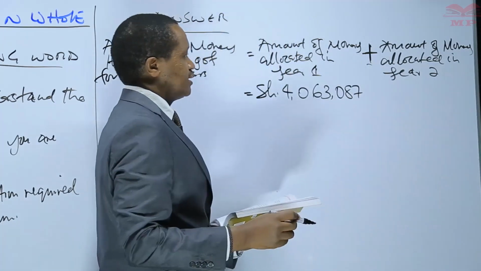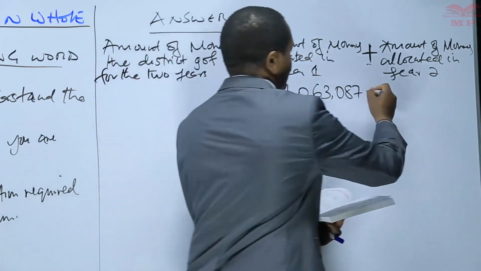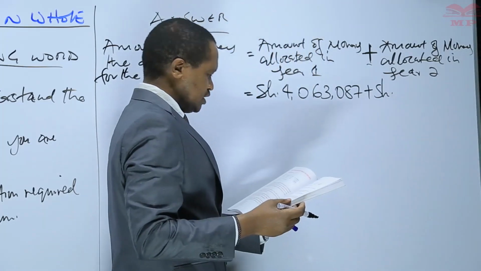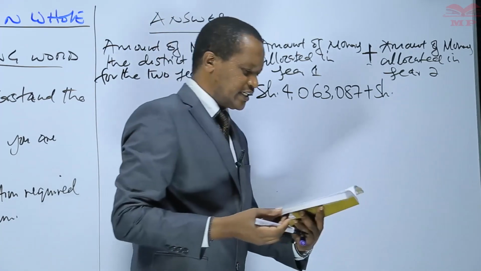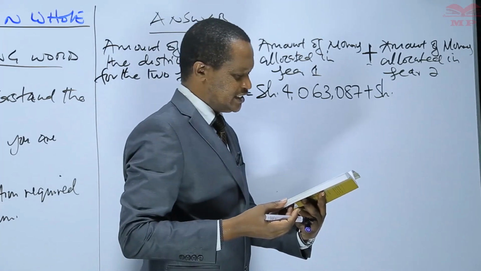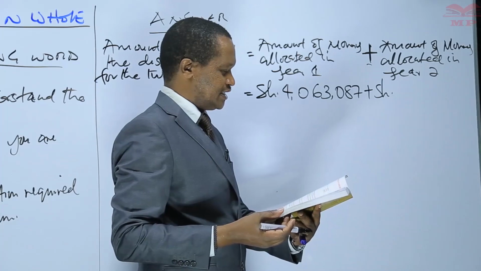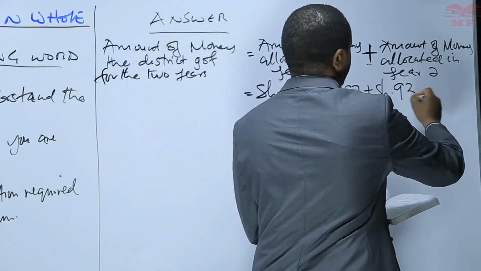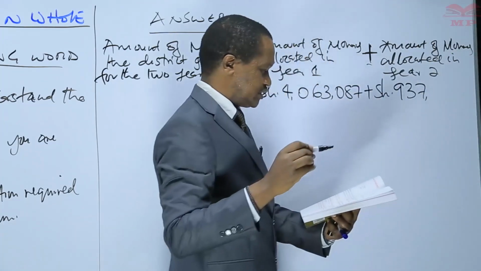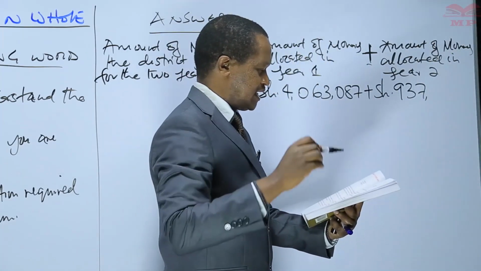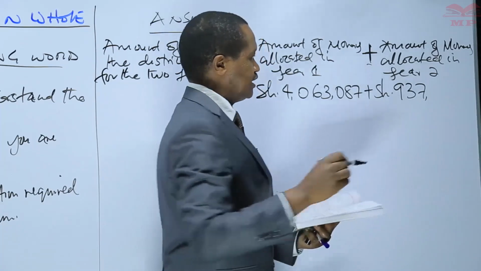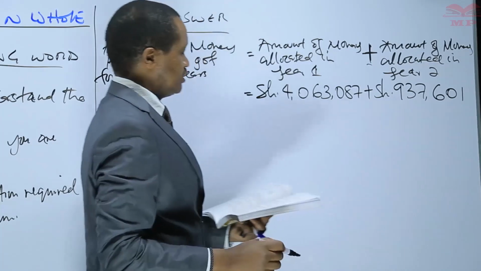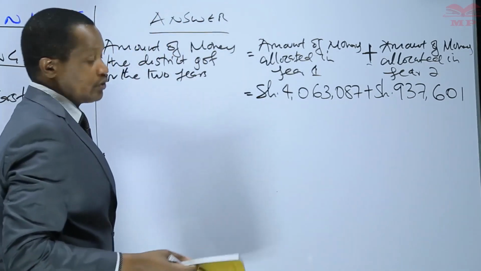That is the amount of money allocated in year 1. We add the amount of money allocated in year 2. The question says in the second year another 937,601 shillings. So this is the problem.